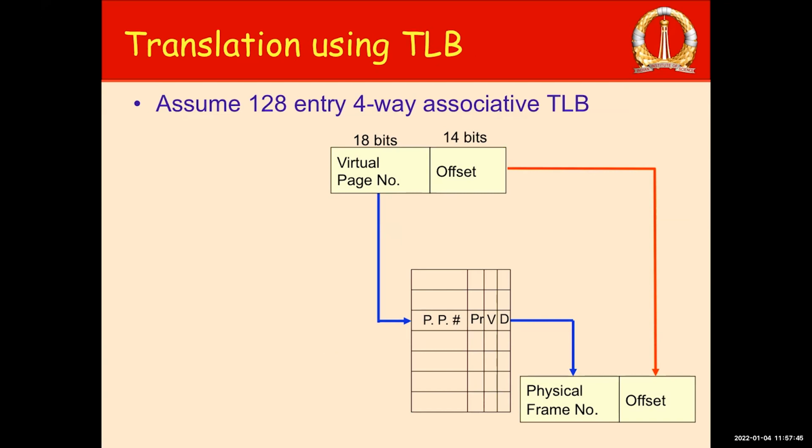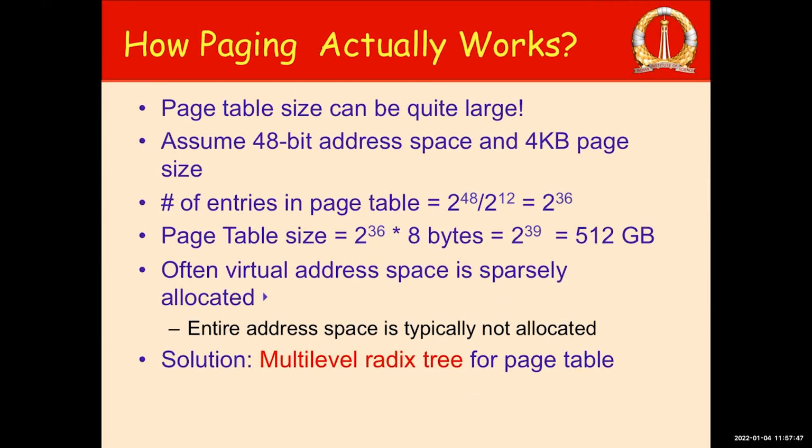Okay, now let's see one last complication here, which is what happens if my page table size is very large. Particularly if my address space is large, for example, in today's context, we talk about a 48-bit virtual address space. For a 48-bit virtual address space, the number of entries in the page table itself could be 2 to the power 36.